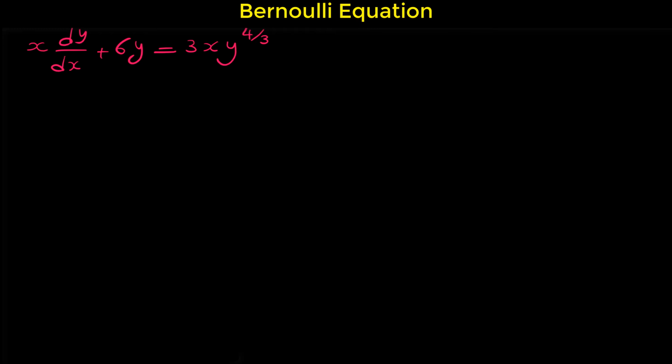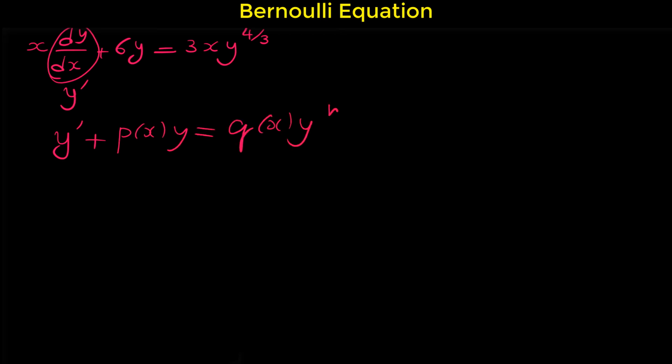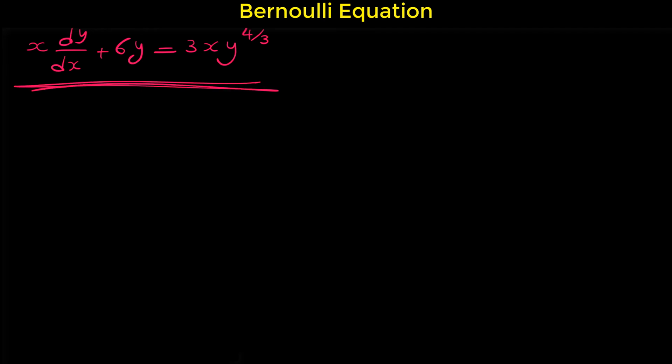First note that because here the coefficient of y prime is not 1, it's better to first make this coefficient 1, because in a normal standard Bernoulli equation we expect to have something like y prime plus p of x y equals q of x times y to the n. Note that the coefficient of y prime here is 1. So before doing anything else, let's divide both sides of this equation by x to get rid of this.